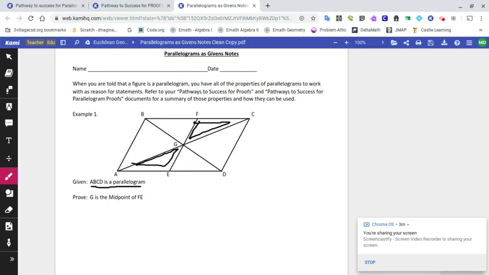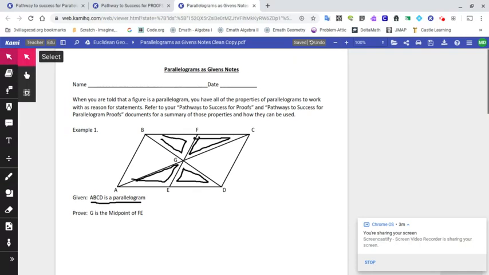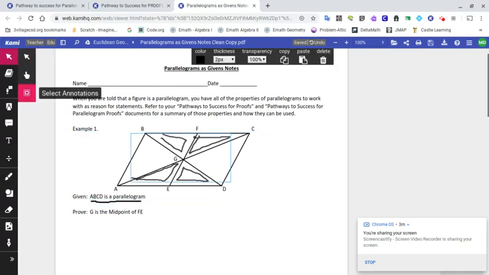I could just as easily do the same exact proof with these two. Just some of the angle names and some of the segments might be different, but I could do the same thing with those two triangles. But I'm just going to concentrate on GFC and GEA for now. So I'm going to get rid of all those.